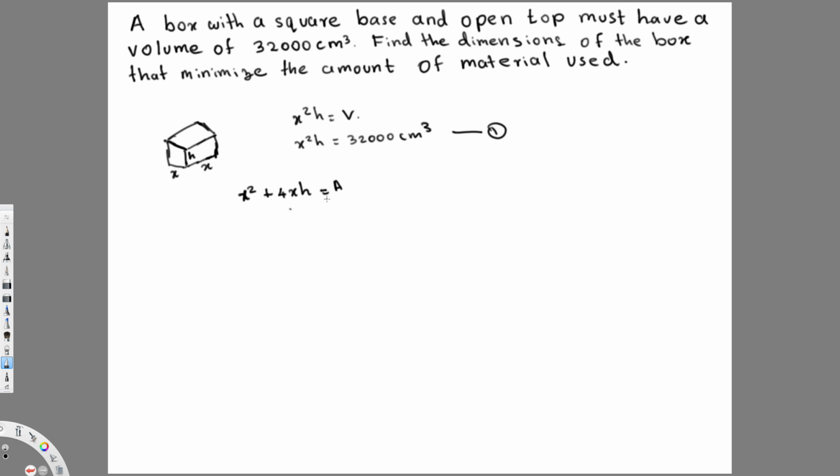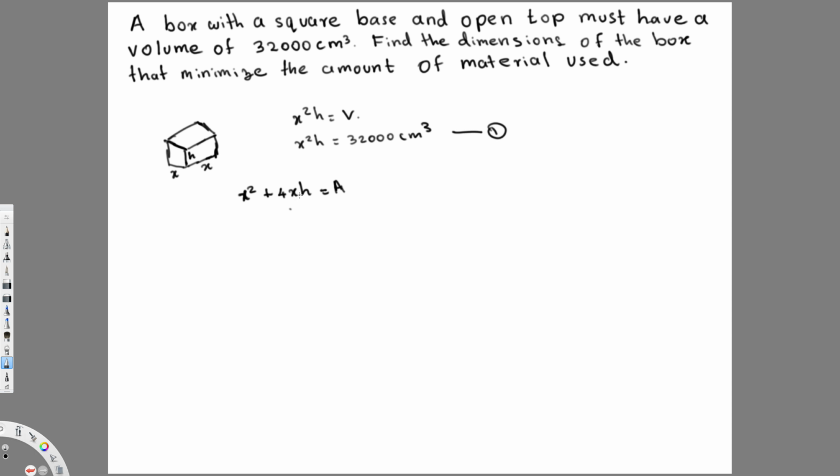To find the dimension that minimizes this area, I have to find the derivative of this one. I have to find the critical number, because critical numbers give the absolute minimum and the absolute maximum. But if you see this equation, we have h and x.